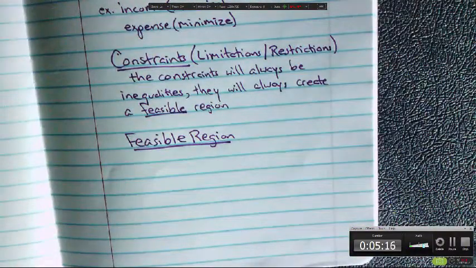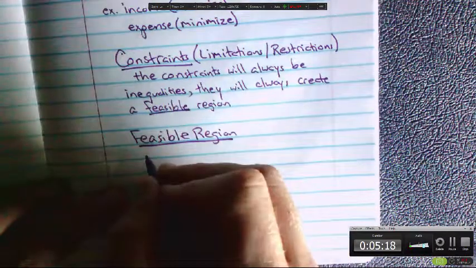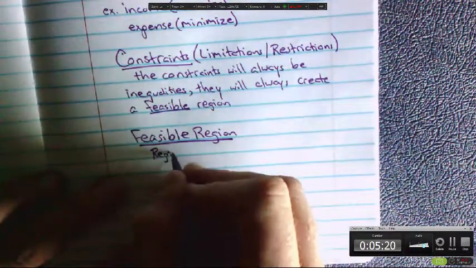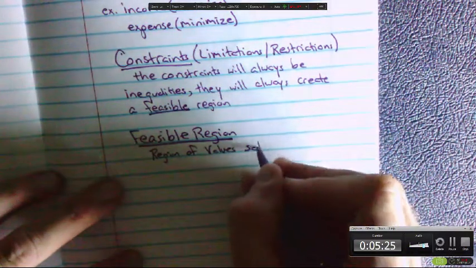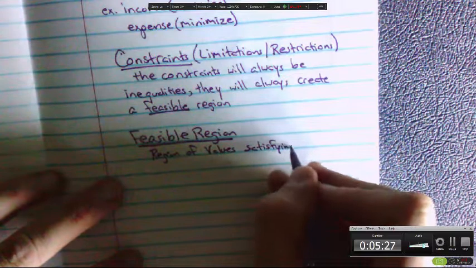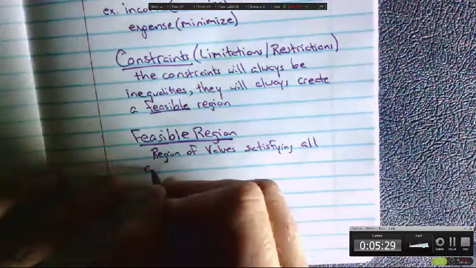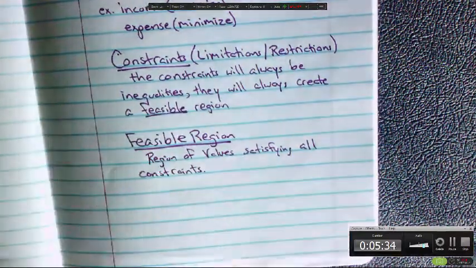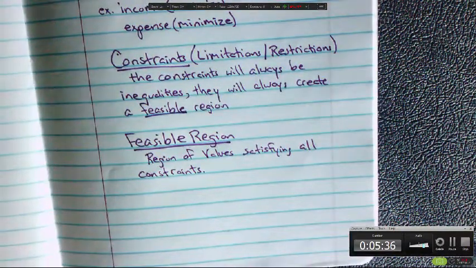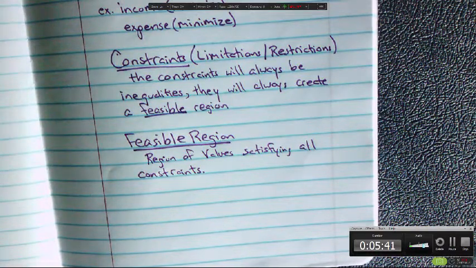So a feasible region is a region of values satisfying all constraints. It's always going to be a geometrical shape that satisfies all the constraints.